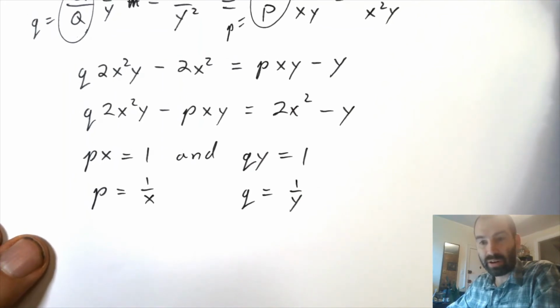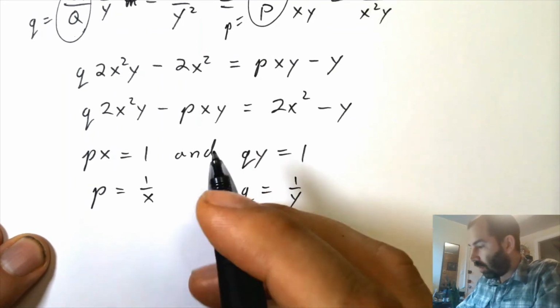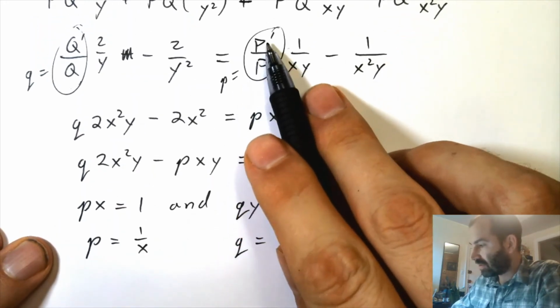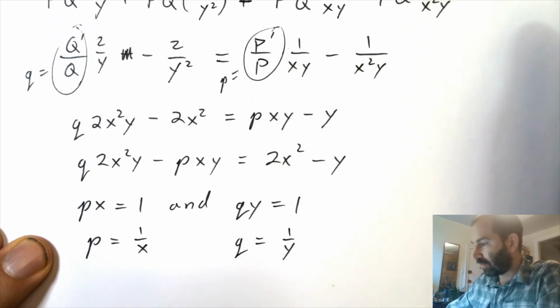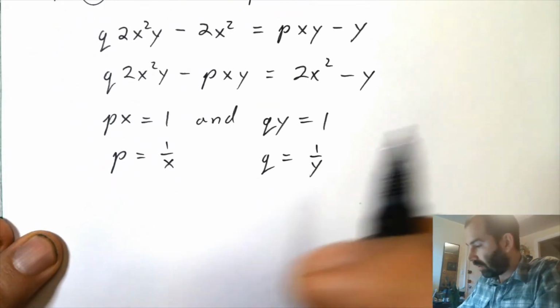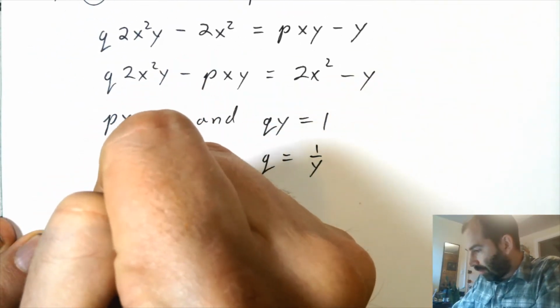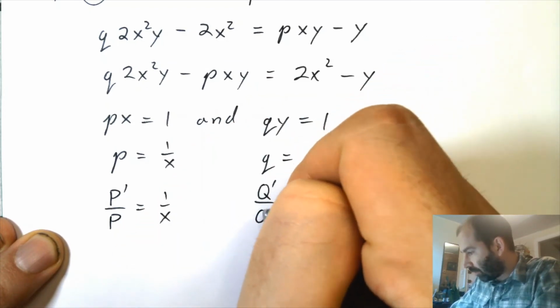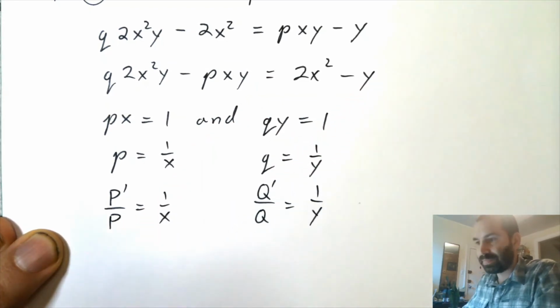That's going to be our integrating factor, right? Well, how do I find that? Well, I know how they're related, right? Little p is just capital P prime over capital P, right? So I know that capital P prime over P is 1 over x, and I know that capital Q prime over Q is 1 over y. Okay, so all we have to do is solve these differential equations.